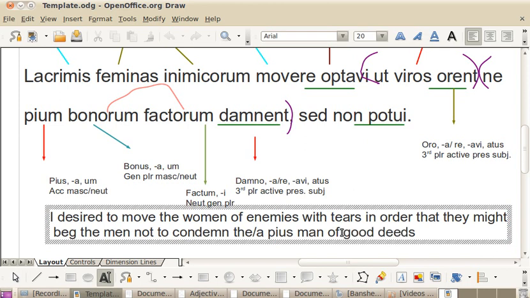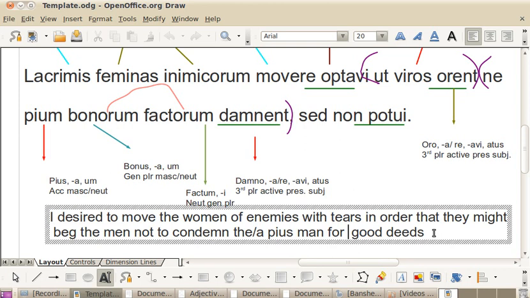Now, I think that would be sufficient if we just left it right there, but damnant, when we translate it with the genitive, doesn't really mean to condemn somebody of deeds. We have to tweak it slightly. It means to condemn somebody for something. So we can say for his good deeds.